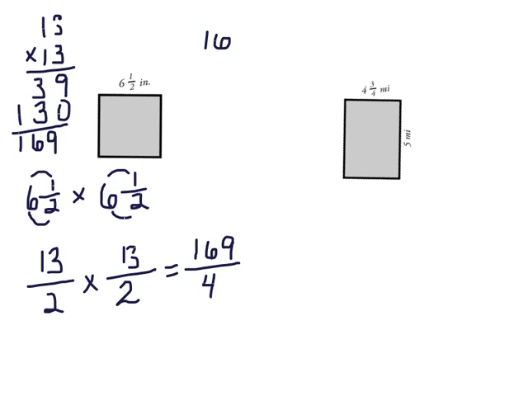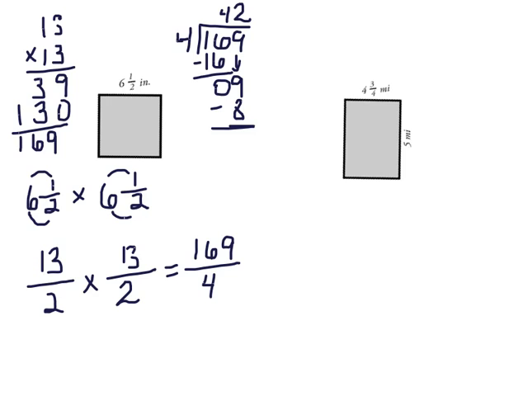169 divided by 4. 4 goes into 16 4 times. 4 times 4 is 16. Subtracting, get 0. Bring down my 9. 4 goes into 9 2 times. 2 times 4 is 8. Subtracting, get 1.